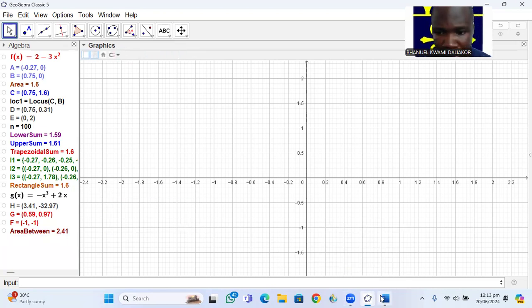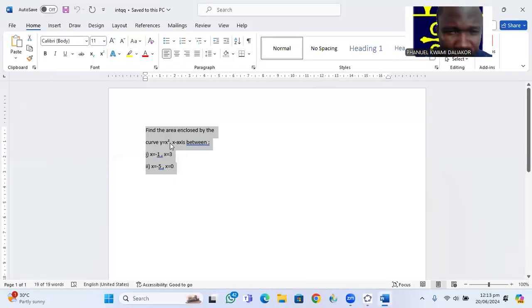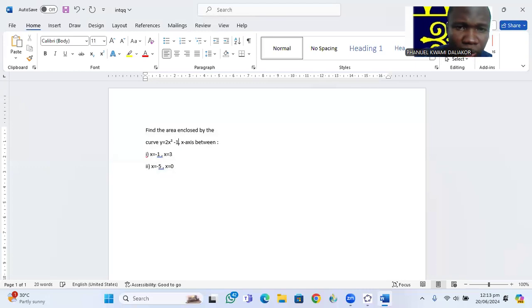So go back: y equals 2x squared. That was the question.